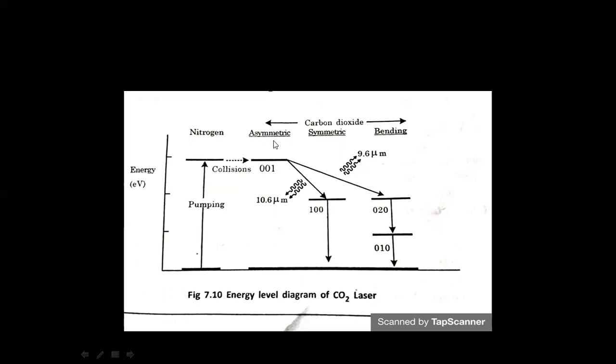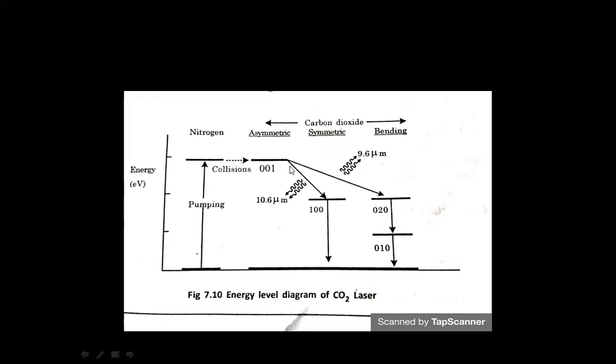What is actually a metastable state? A metastable state is a state where molecules can remain for a longer period of time compared to other energy states. So, once the population inversion is achieved in the metastable state, some of the molecules may come to this energy state by emitting 10.6 micrometer photons, and then they can come into the ground state.